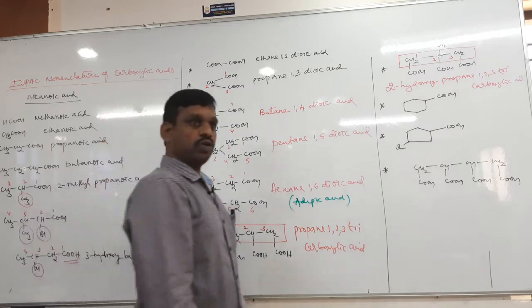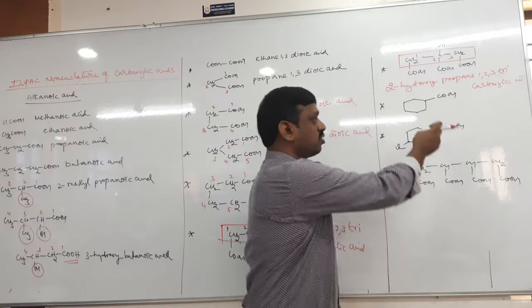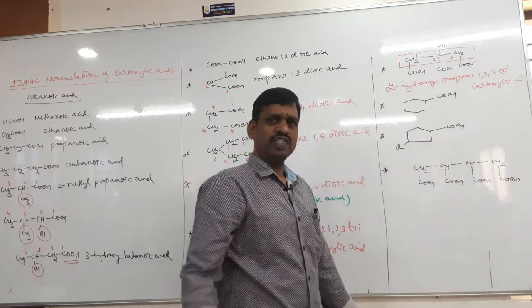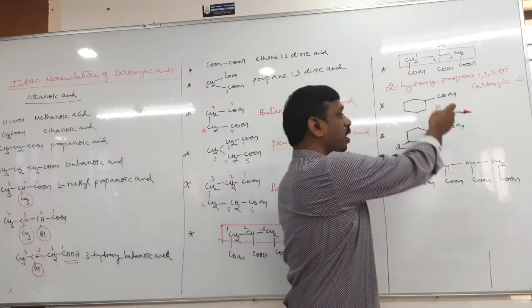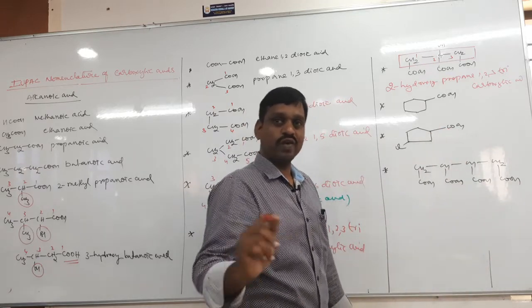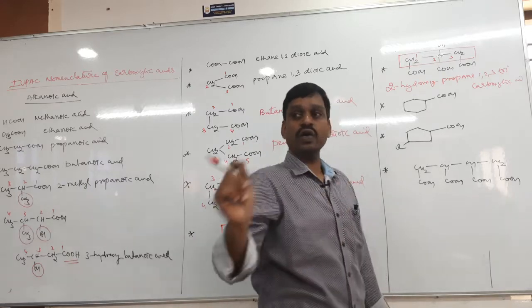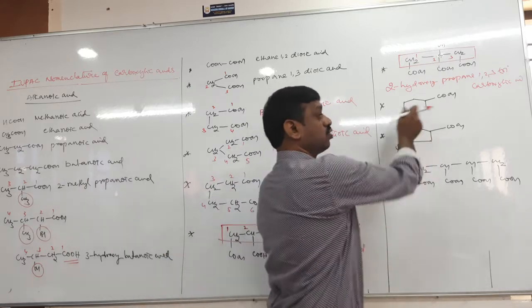Next, here also can we use alkanoic acid nomenclature for this? No. If it is alkanoic acid, it should be cycloheptanoic acid, but it is not. Therefore, alkanoic acid is not possible in this case also.